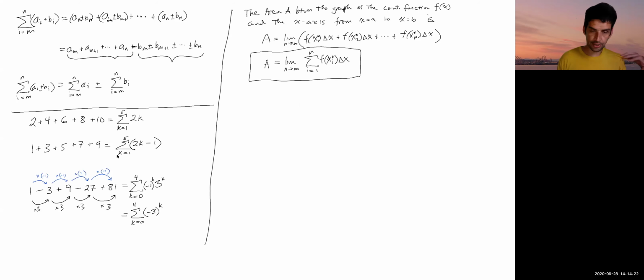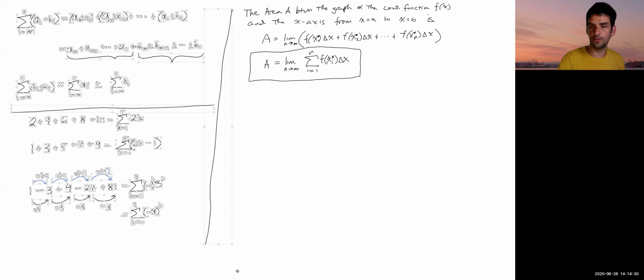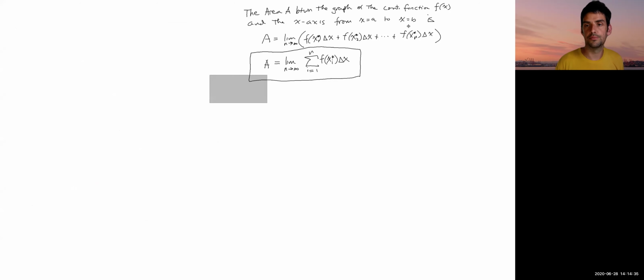Okay, so let's finish by writing out the area under some curve as a limit using this summation notation. So clear all that. Let's move this over. We'll keep it up while we do our work.